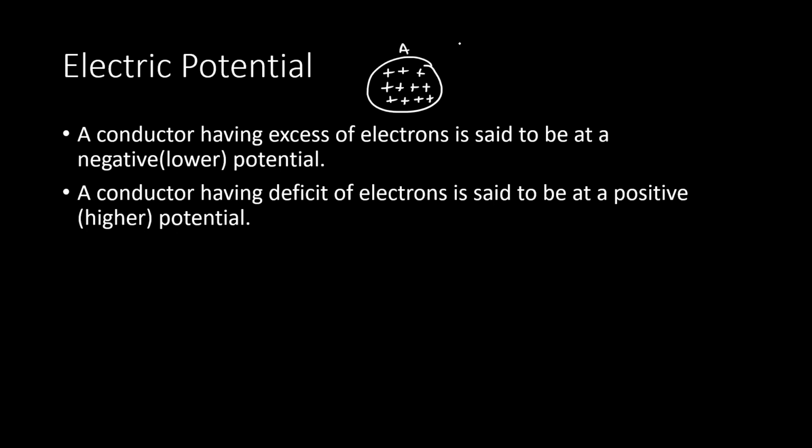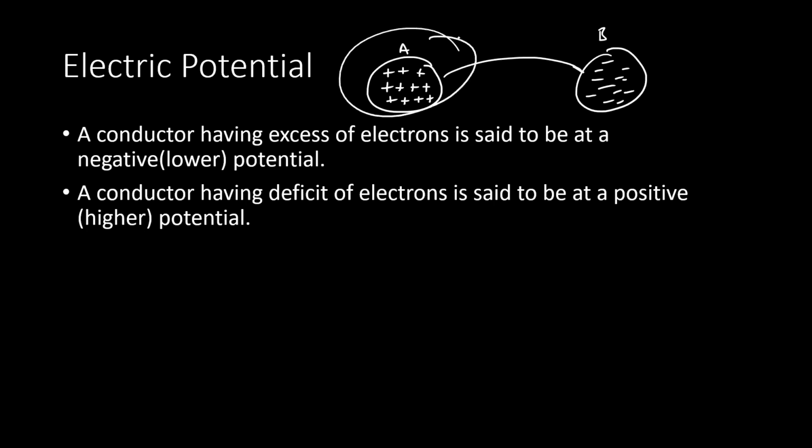So this is a conductor A, this is conductor B, and there is a wire connecting them. So in this, B is at a lower potential. So therefore, electric current will flow from a higher potential to lower potential. So in this particular case, current will flow from A to B and electron will flow from B to A.